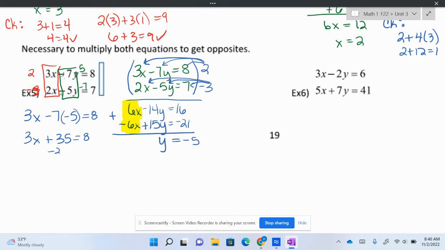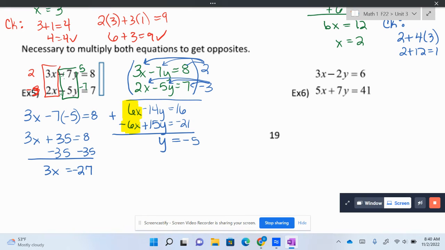I'm going to subtract 35 from both sides. 3x equals negative 27. Divide both sides by 3. X equals negative 9.